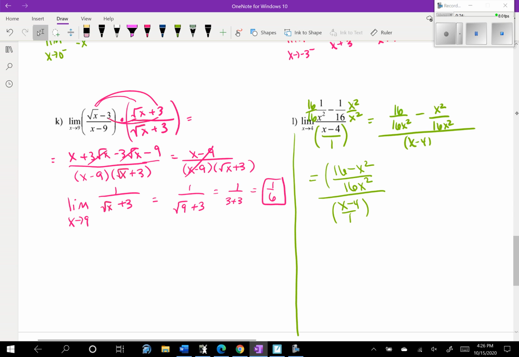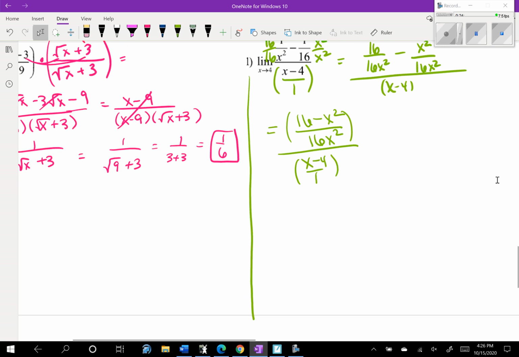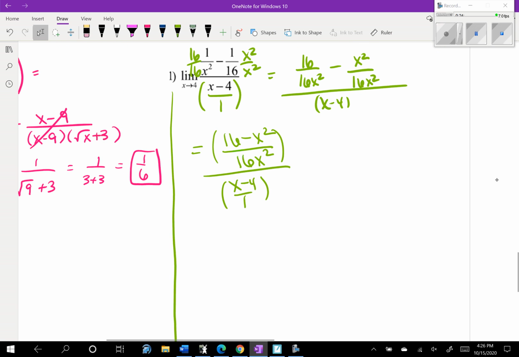So now that I have one fraction divided by a fraction, we can keep, change, flip. Remember, you keep the numerator as is, change to multiplication, and flip the second fraction. So now for this, that still did not eliminate our problem, which is the x minus 4.